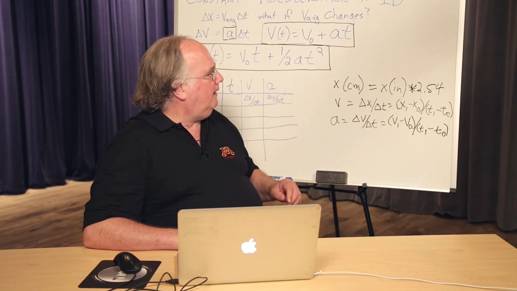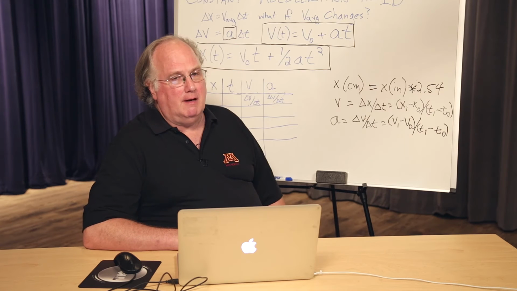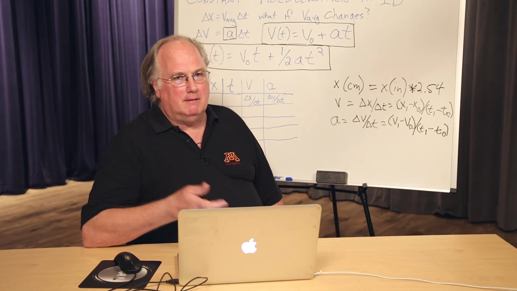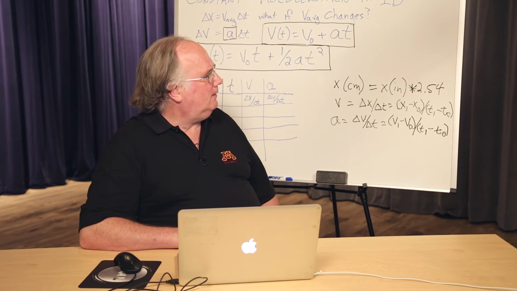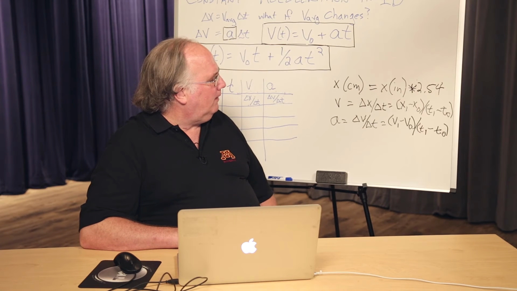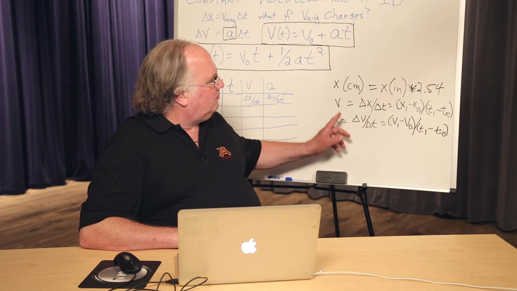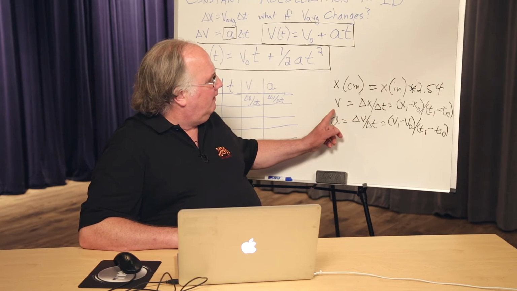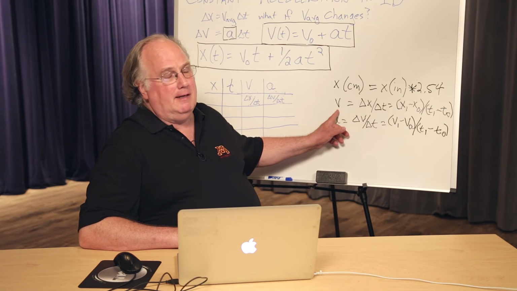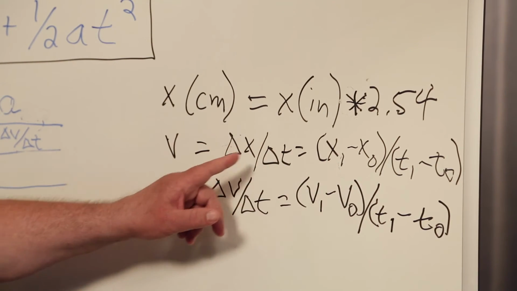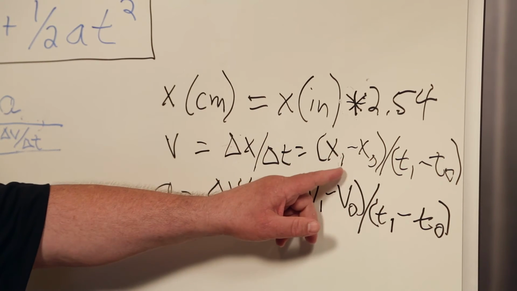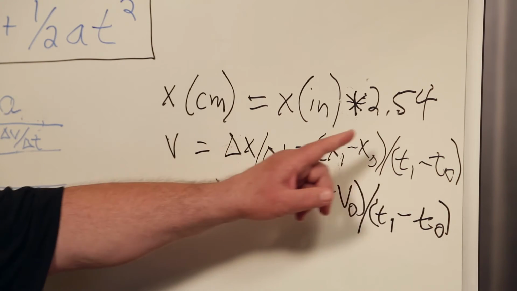We'll also be getting the times at which different things happened. We'll get those from Audacity by looking at the numbers in the audio recording. Once we have those, we can use those to calculate the velocity at each step by using a formula. We'll take the change in x, divide by the change in time.